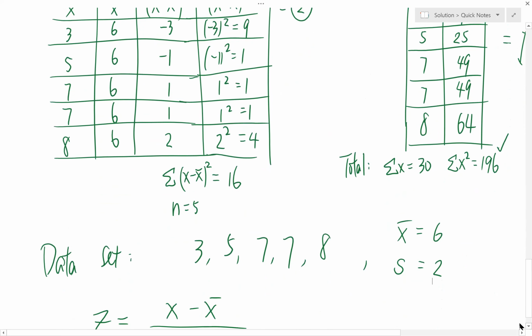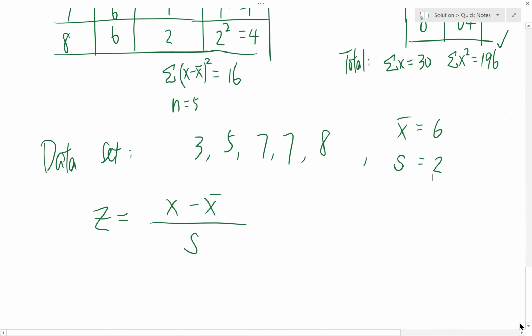Now for the first number, data value 3, we have the data itself, 3, minus the sample mean 6, divided by the standard deviation 2. So it's negative 3 over 2, which is negative 1.5.